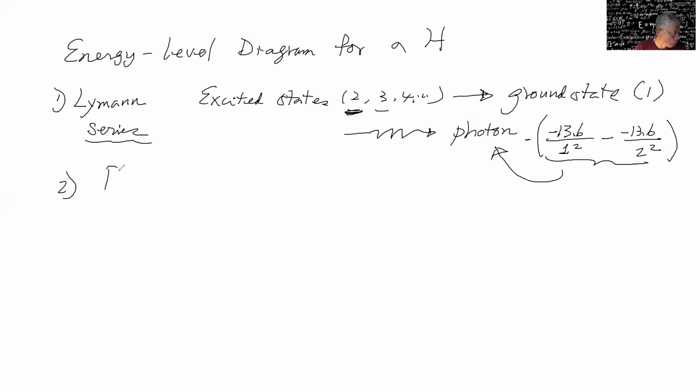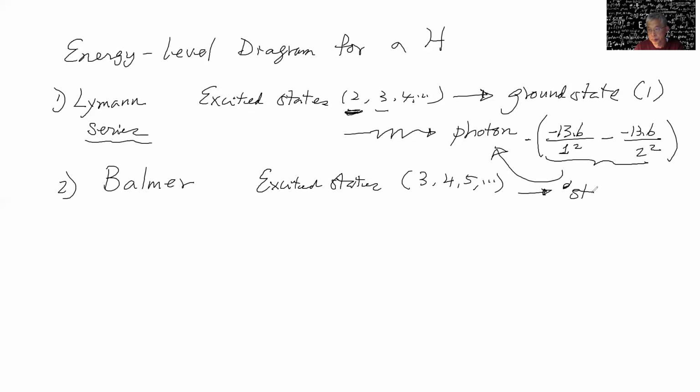This is called the Lyman series. Then the next one will be jumping from excited states starting from 3, 4, 5, and so on, to state 2.